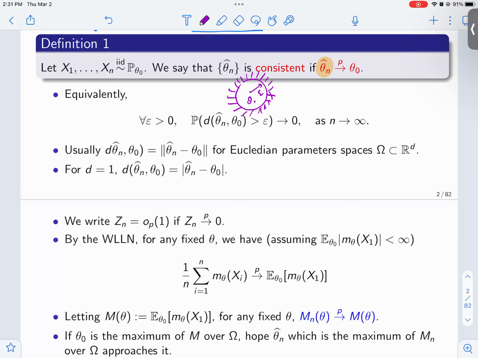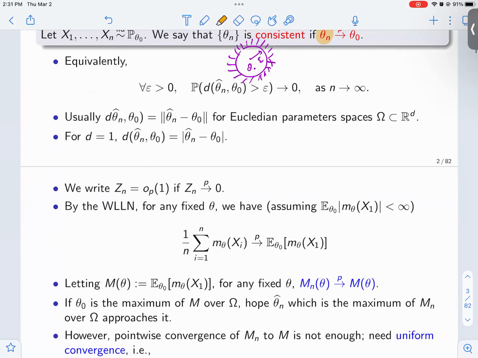Okay, so there's a bit of notation here. This is the notation that you're going to use for simplicity, little OP of 1. Zn is little OP of 1 if Zn converges to 0 in probability. This is similar to little o of 1 in real analysis or non-probabilistic analysis, where it just means the sequence converges to 0.